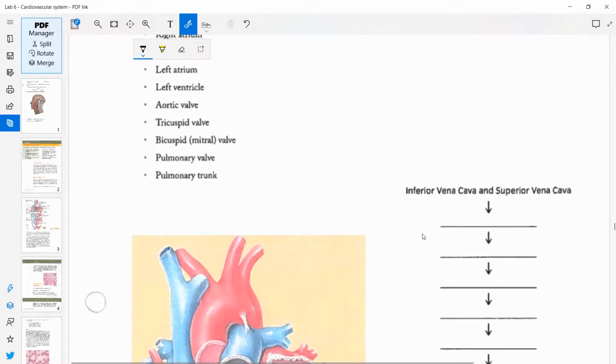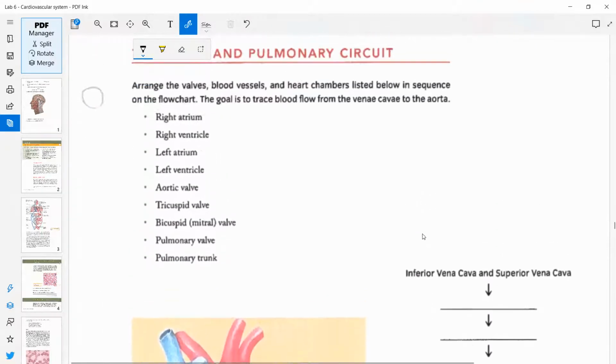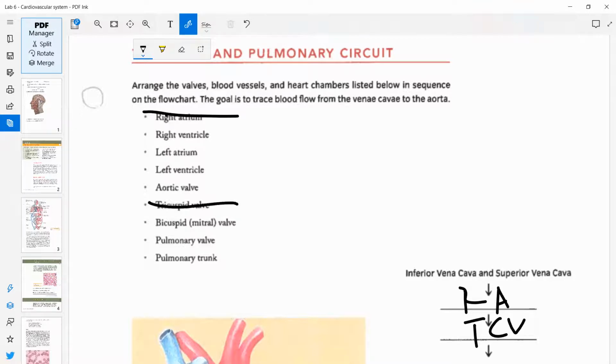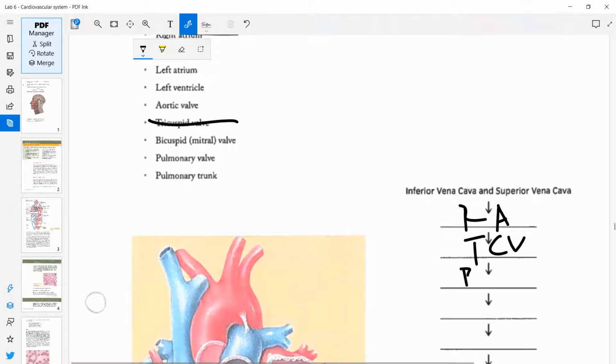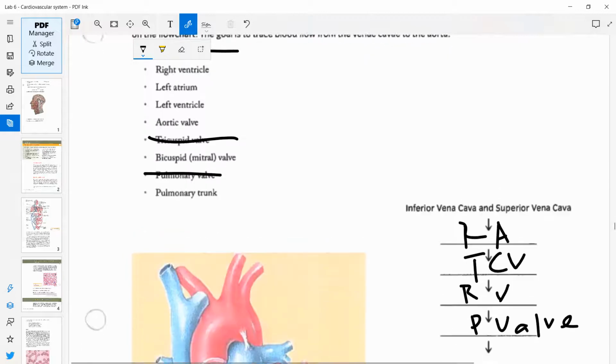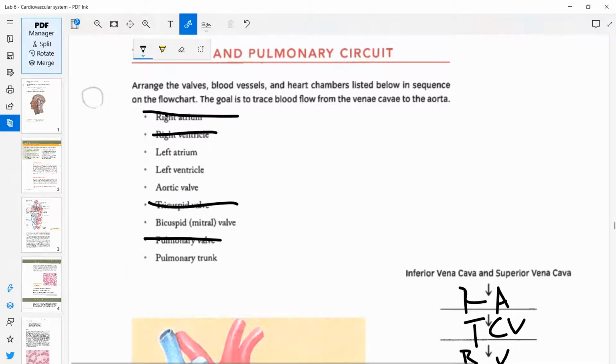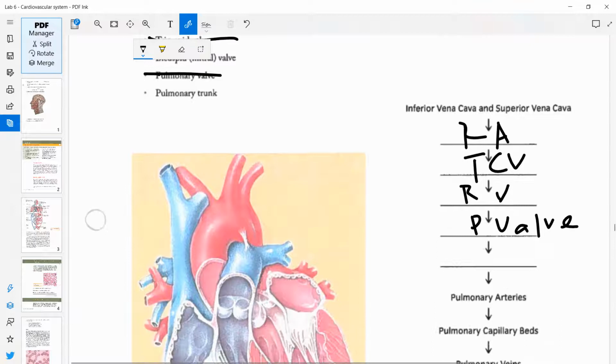Now from the inferior vena cava, blood goes to the right atrium, then the tricuspid valve, then the right ventricle, then the pulmonary valve, and then the pulmonary trunk.